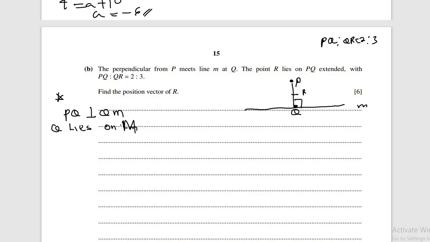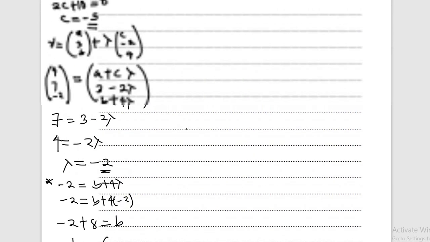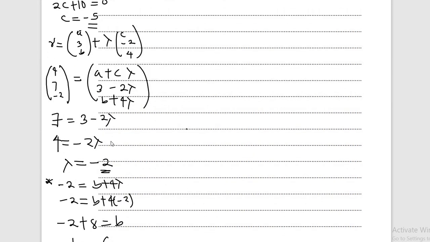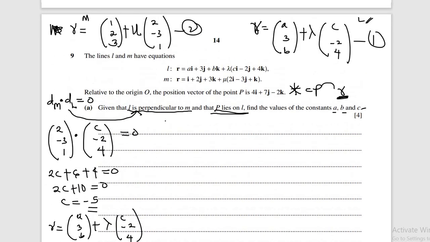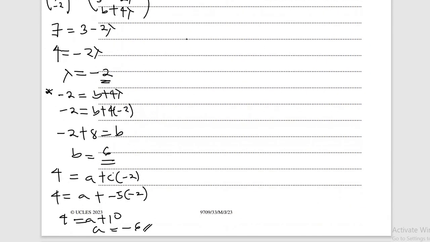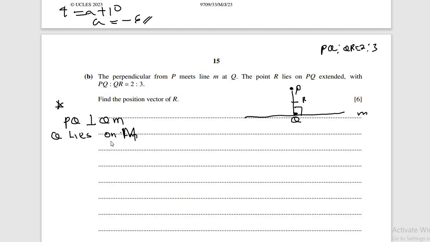Remember the one we did earlier when they said P lies on L. Remember the way we did it. So this one, Q lies on M. You know, what is line M? Line M is R equal to 1, 2, 3 plus mu 2, minus 3, 1.